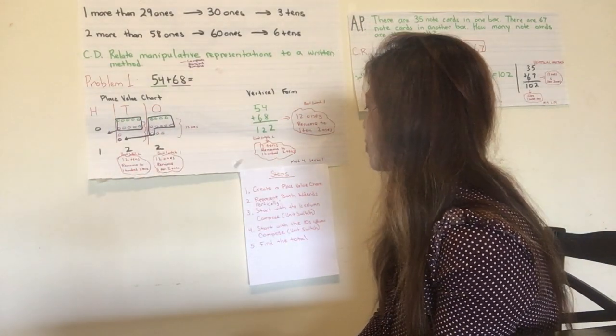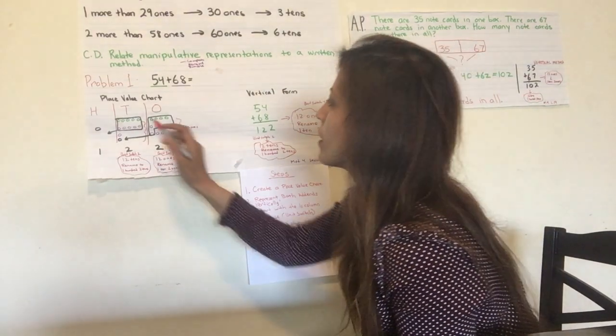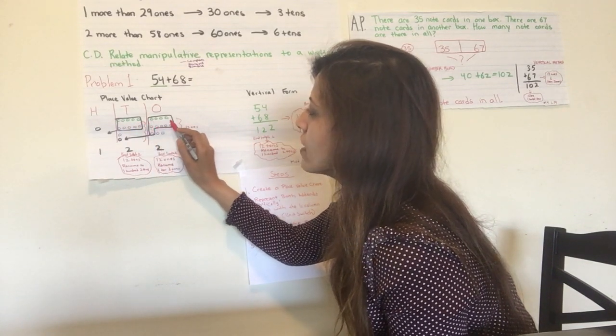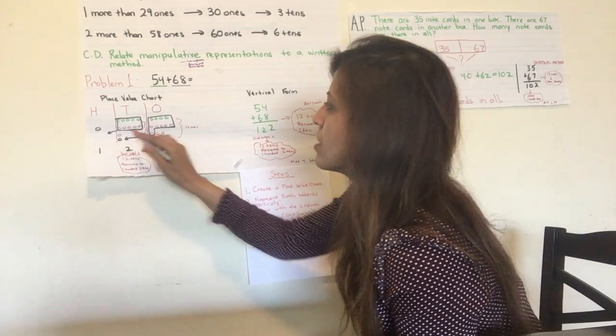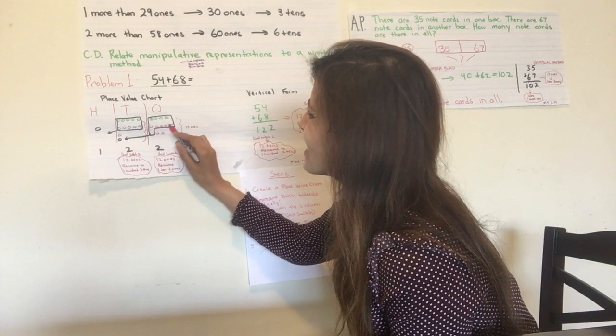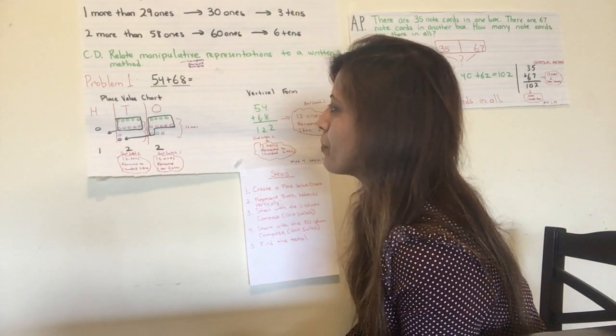Then it says represent both add-ins. I am representing 54. There's 5 tens and 4 ones. Then it says to represent the second add-in, 68. So there's my 6 tens in purple, and then my 8 ones in purple as well.